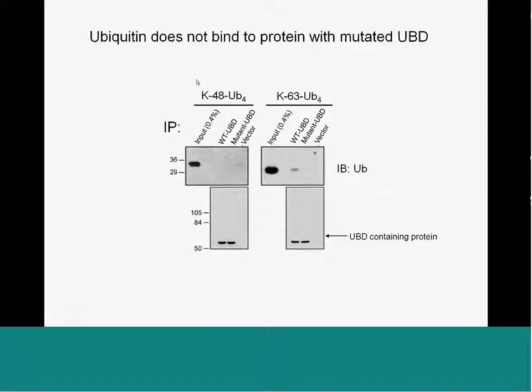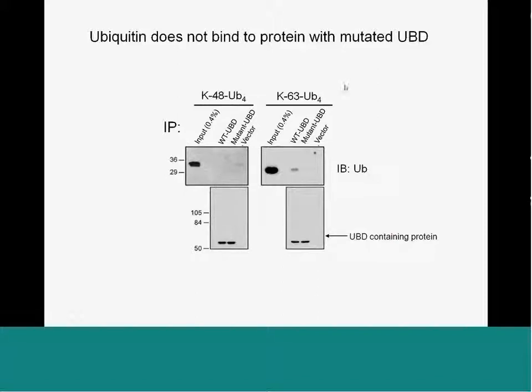We've also done other types of in vitro ubiquitin binding assays using purified or immunoprecipitated protein. So we would immunoprecipitate either a wild-type protein or a mutant version of the protein in which the ubiquitin binding domain has been mutated. And in this type of assay, when we immunoprecipitate our protein here, either the wild-type or the mutant, shown here in the lower panels, and incubate with K48, we don't see any K48 binding.